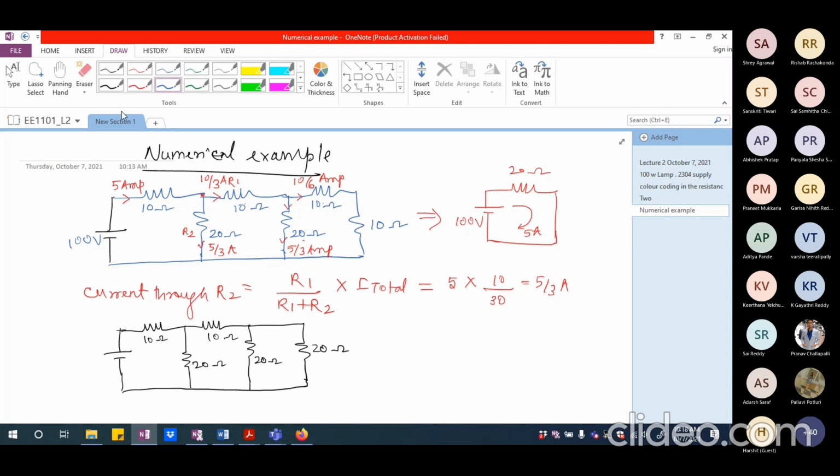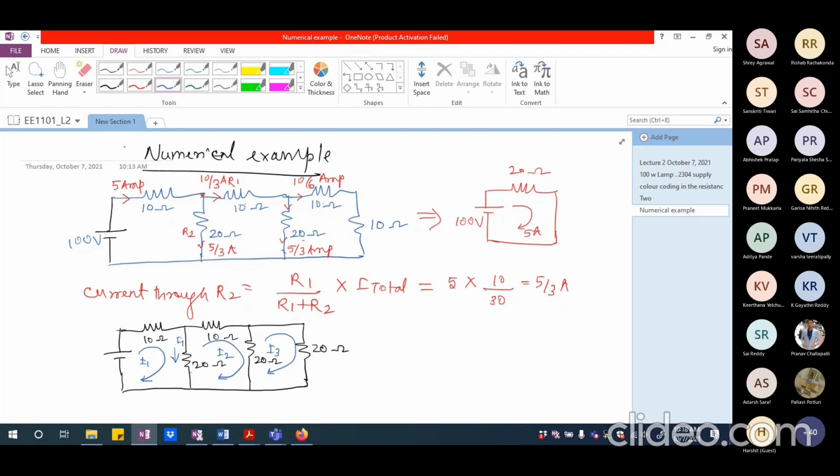Now if I have to draw the KCL loop equations, I can write this as I1, for example. This in general, I'm going to show as I2, and this in general, I'm going to show as I3. Please note, this 20 ohm resistance is going to have 2 currents flowing through this.